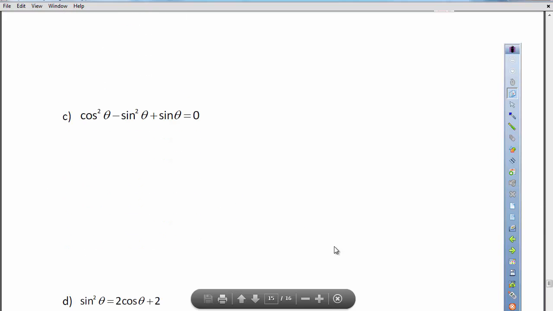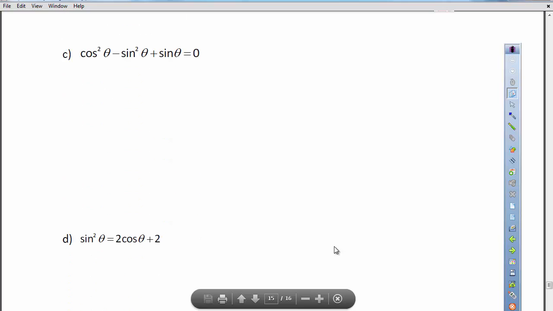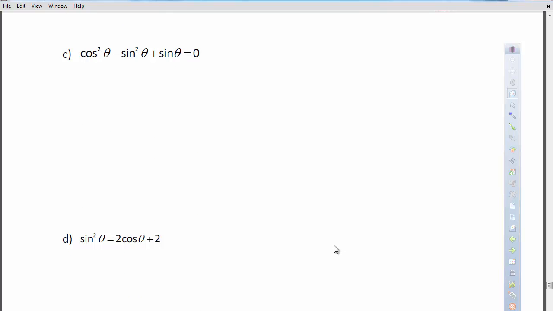All right. And C gets a little interesting because we have both cosine and sine in there. And it'll be easier for us if we have just one. So which one do you think we should get rid of, cosine or sine? Let's get rid of cosine because we already have 2 other terms involving sine. We've got cosine squared theta. I've got my formula sheet in my hand.